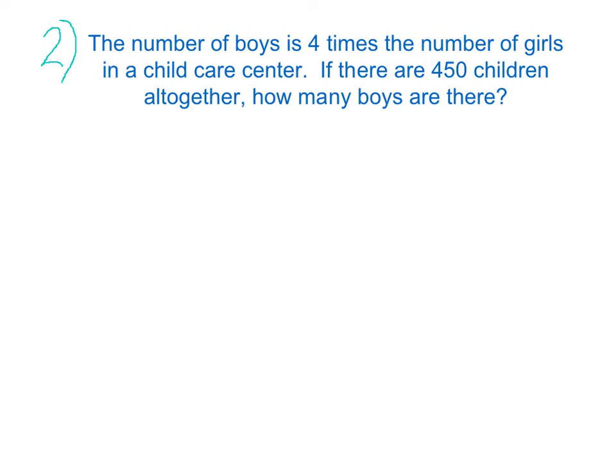Okay, when I look at this problem, I see that I'm keeping track of the number of boys and the number of girls. So that's who's involved, boys and girls. And then I go look to see who has the smallest amount. Well, the number of boys is 4 times the number of girls. So the girls have the smallest amount.